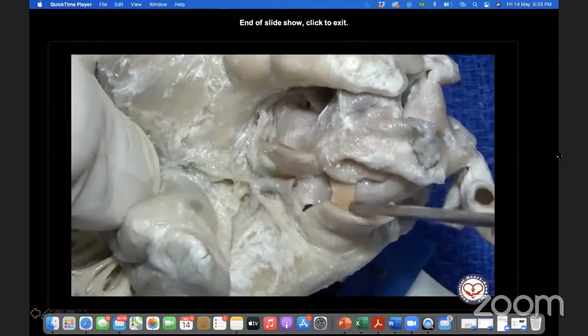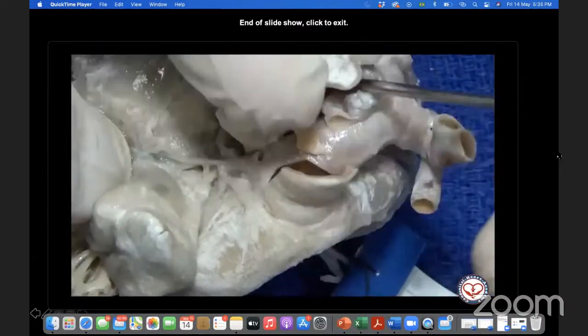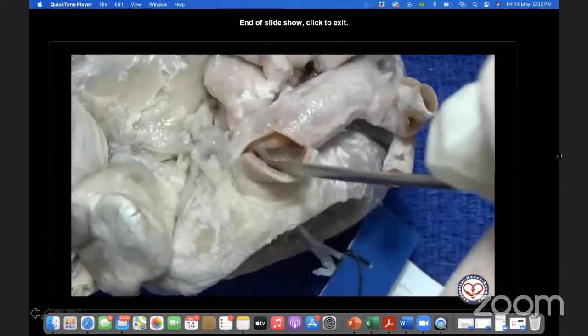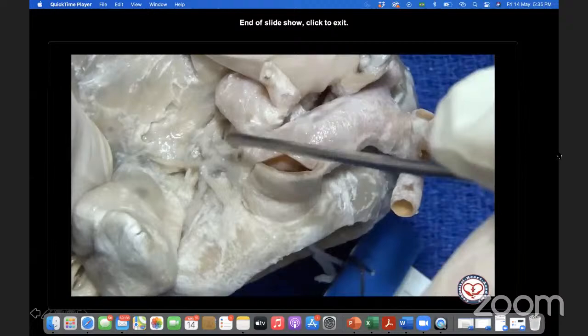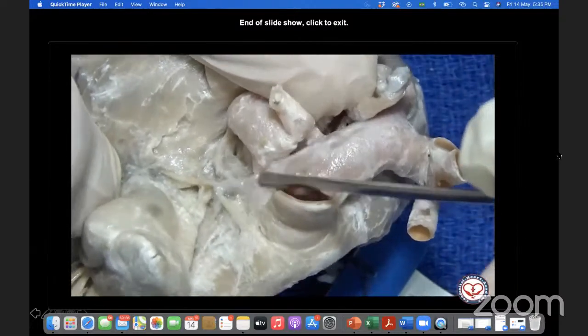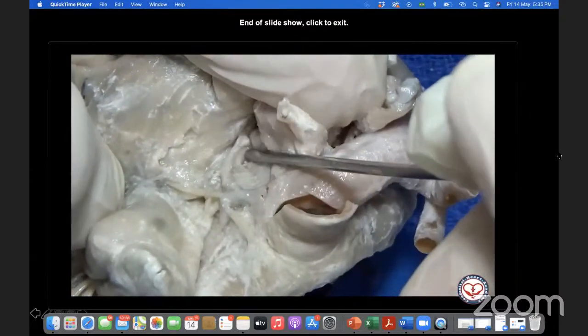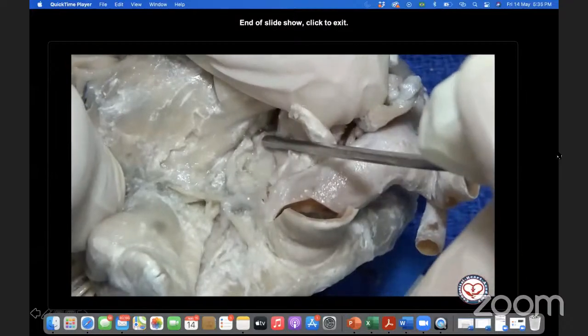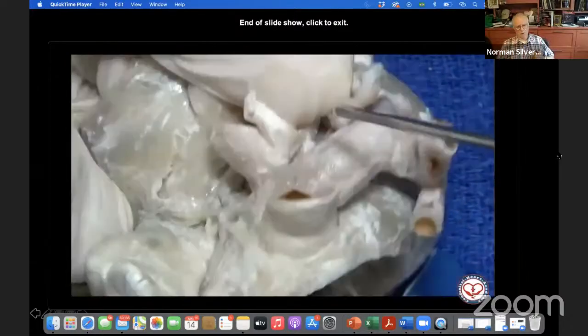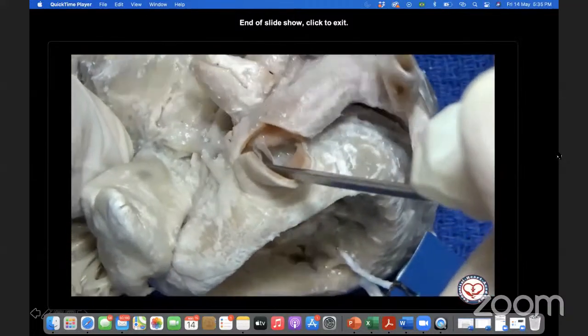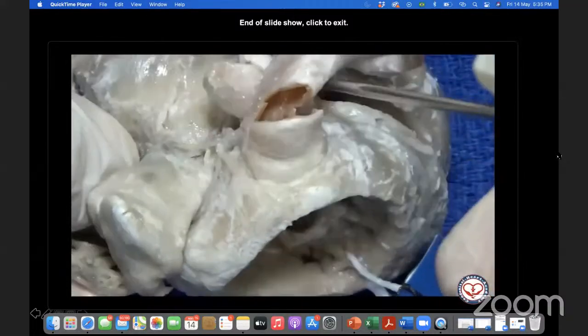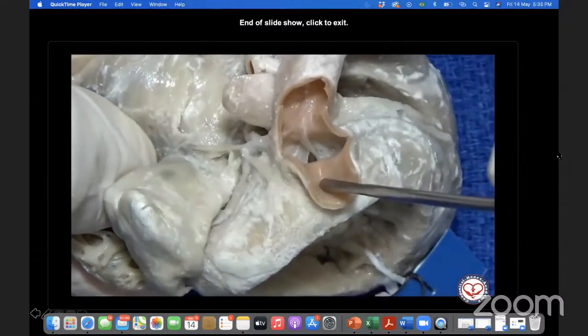So the right coronary artery arises from the left-hand facing sinus, or sinus number 2, and gives rise to the circumflex coronary artery. The anterior interventricular coronary artery arises from the right-hand facing sinus, or sinus number 1.